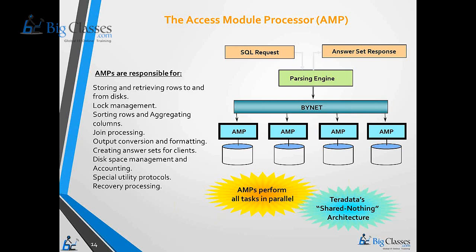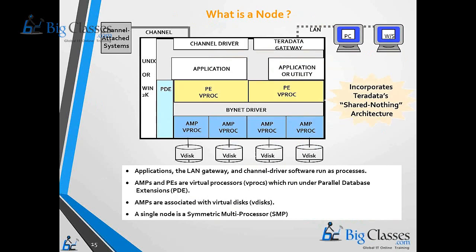All right, and this is completely a node, which comprises all the components we discussed, like the parsing engine, BYNET driver, and AMP, and vdisk is nothing but virtual disk storage. There are two types of systems Teradata works in. One is channel attached systems, and another is LAN, network attached systems.